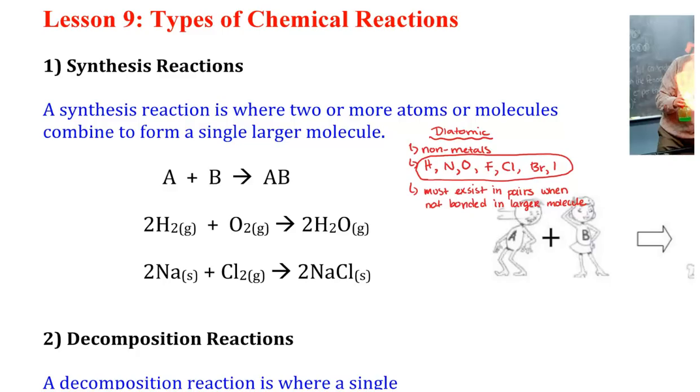In our first example, we have our hydrogen gas, oxygen gas, and they react to form the product of water. So we have two simple on their own elements, and they react together to form a more complex molecule, such as water. Okay? Right now, I know there's quite a lot going on.